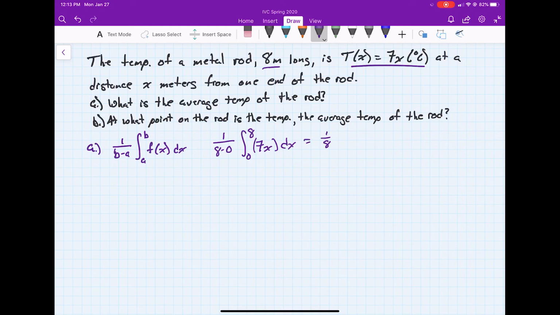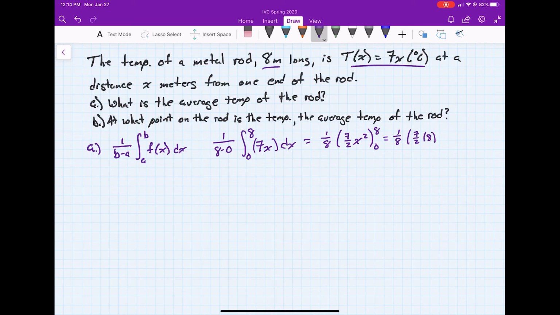So we've got 1/8 for the integral from 0 to 8, and that's just going to be 7 over 2 x squared, evaluated from 0 to 8. Then we plug in our 8. Obviously, if we plug in 0, we're going to get 0, so we only need to do the 8. So that's going to be 1/8 times 7 over 2 times 8 squared.